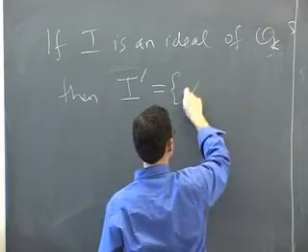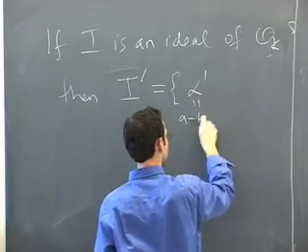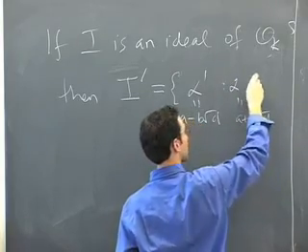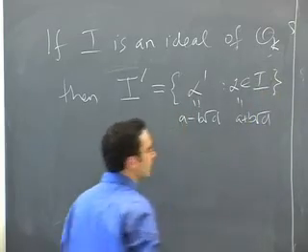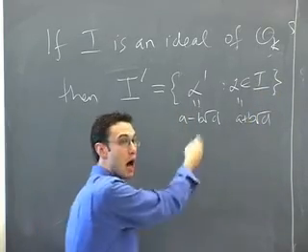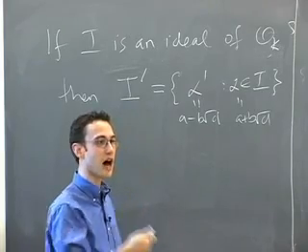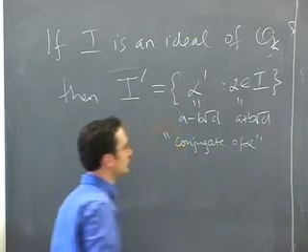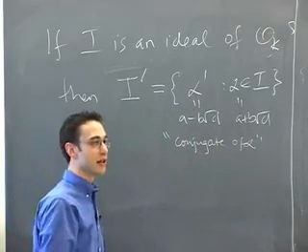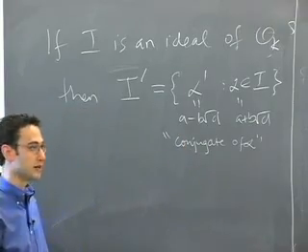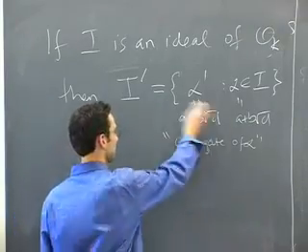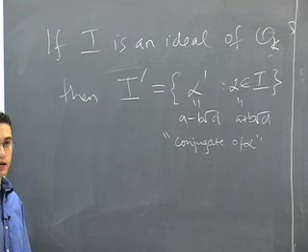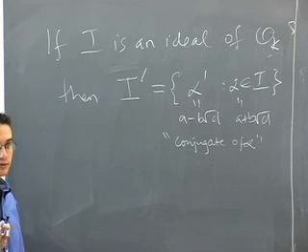So I'm going to consider the set of all alpha primes, a minus b root D, as alpha, written in the form a plus b root D, ranges over I. Now, in the case of some quadratic imaginary field, this is really just complex conjugation. And in general, the term you use is conjugate. This is the conjugate of alpha. So if somebody talks about the conjugate, they often mean the complex conjugate in the case of something that embeds in the complex numbers in this way. But in general, it's just a minus b root D as the image of a plus b root D. Is that pretty clear? Any questions? Am I going too fast? All right.